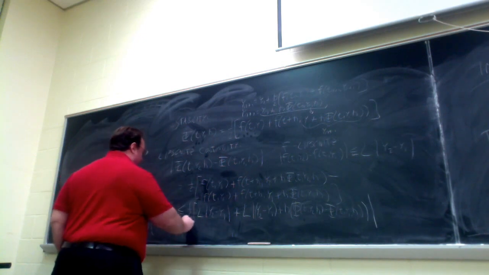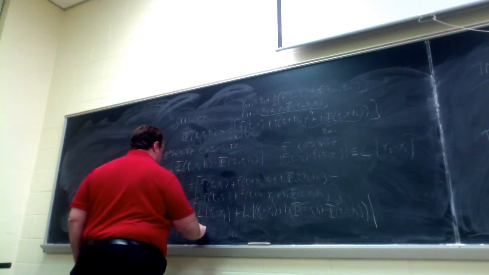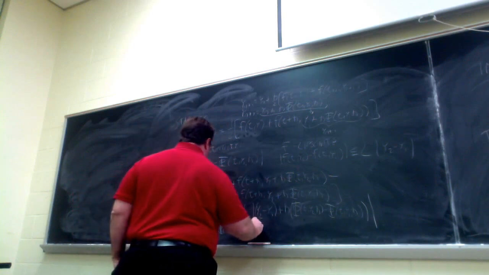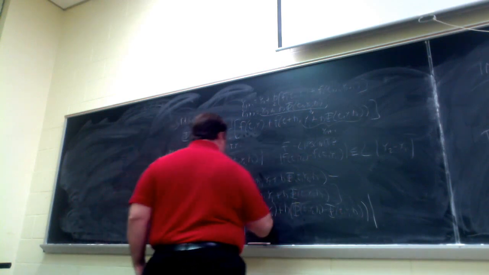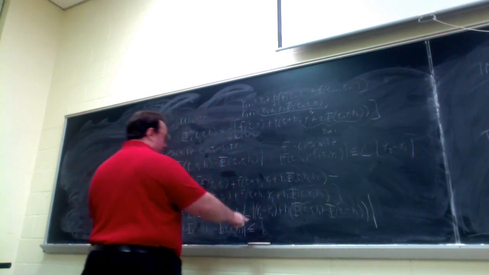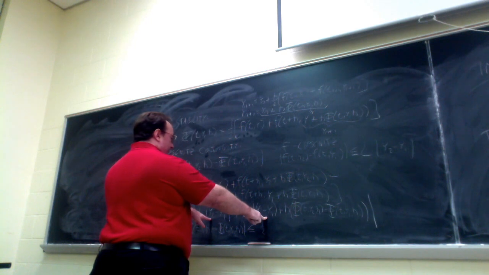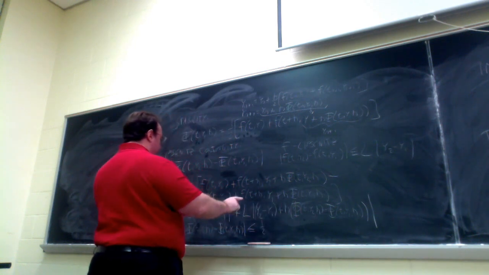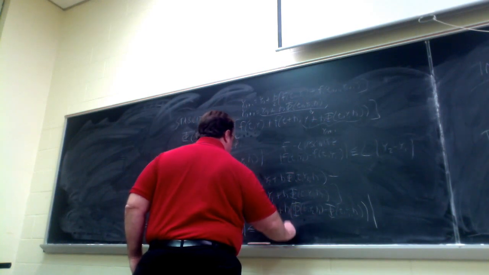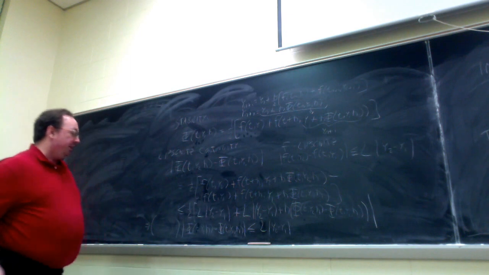This difference of phi values is less than or equal to 1/2, and I actually have two of these terms, so I can combine them into one and just get L|y2 minus y1|.